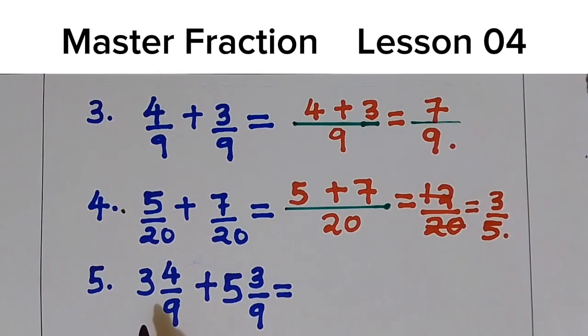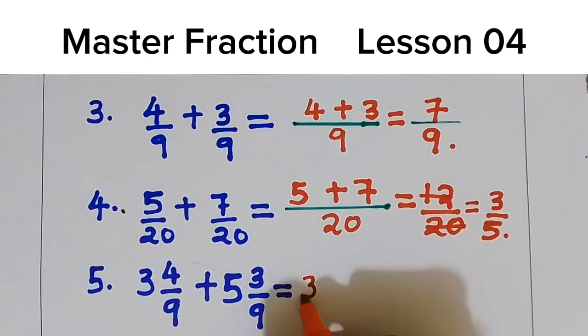Let's do question number 5. Question number 5 is a mixed number having the same denominator. So first we are going to add the whole numbers separately and the fractions separately. So we'll take 3 plus 5.